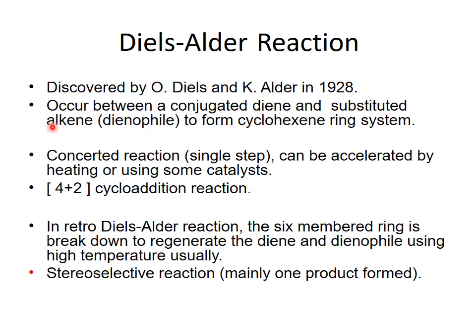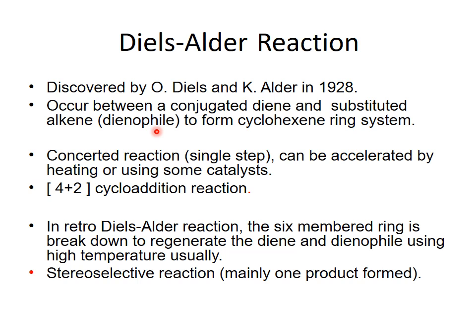One reactant is the diene, that is a conjugated diene, and the other reactant of the Diels-Alder reaction is the dienophile, which is conjugated with an electron withdrawing group. When the diene reacts with the dienophile, it gives us a cyclohexane ring system.